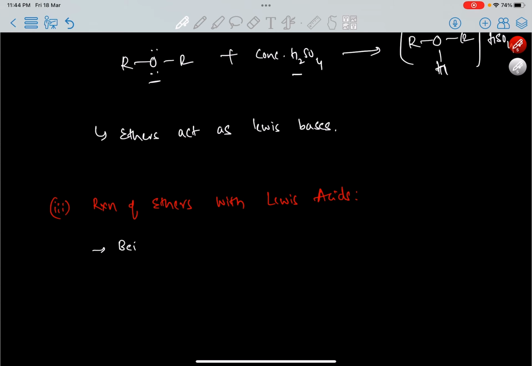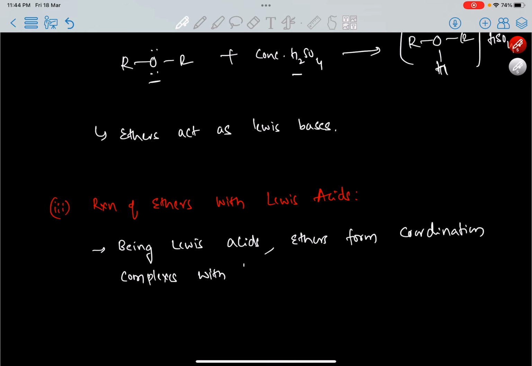So let me write here: being Lewis bases, ethers form coordination complexes with Lewis acids such as BF3, AlCl3, etc.